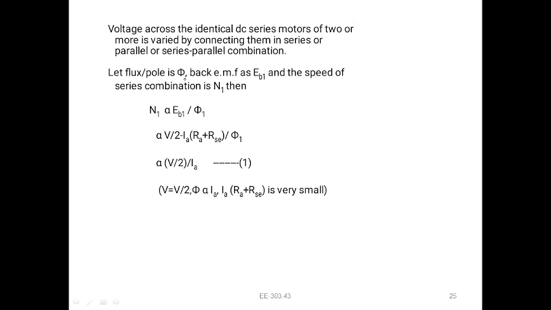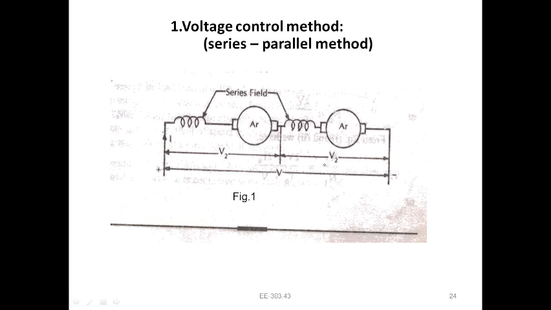Let the flux per pole be phi. The back EMF and the speed of the motor in the series combination is N1. N1 is directly proportional to Eb by phi. From that, the back EMF Eb is V by 2, because the voltage across each motor is divided.